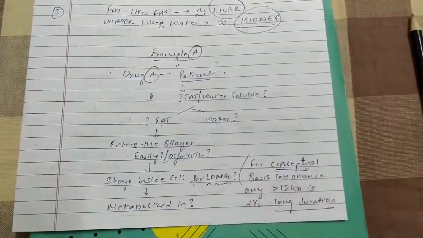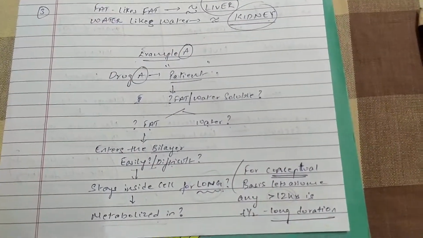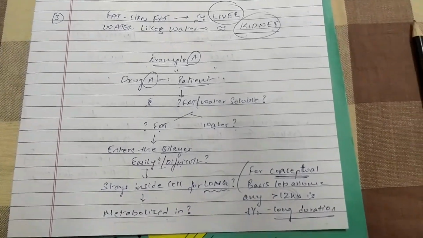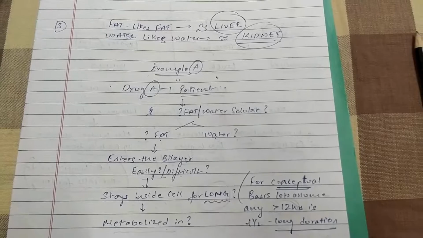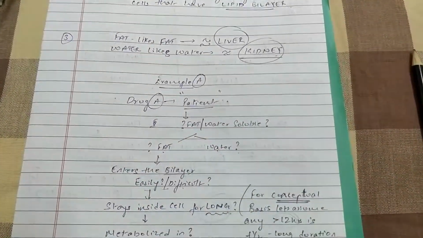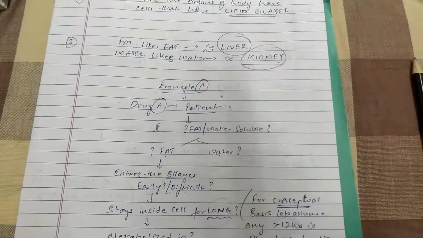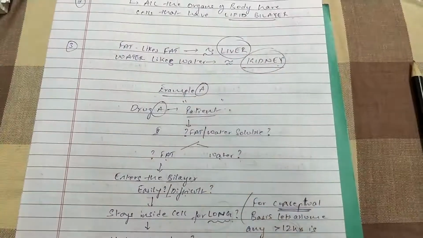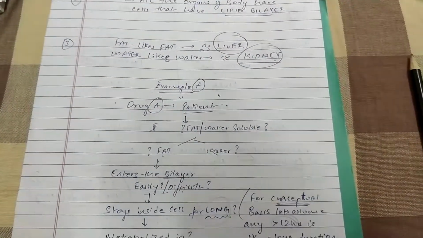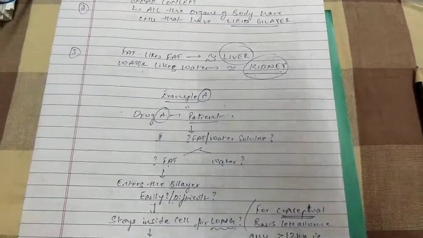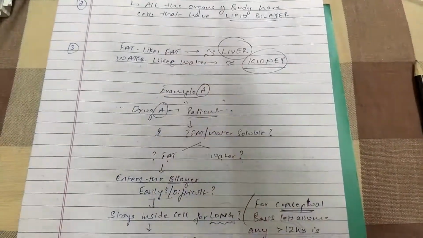So for a drug that has a 6 hour half-life, we know that it doesn't stay in the body for long. It stays outside the cells, and hence this drug is most likely going to be water soluble because it doesn't enter the bilayer membrane as easily as a fat soluble drug.